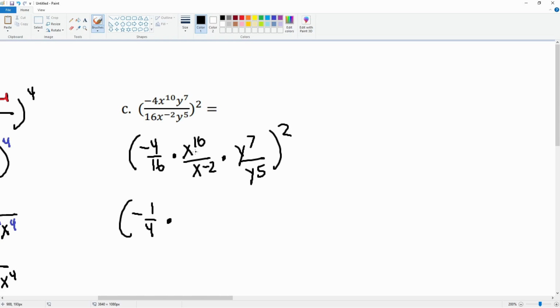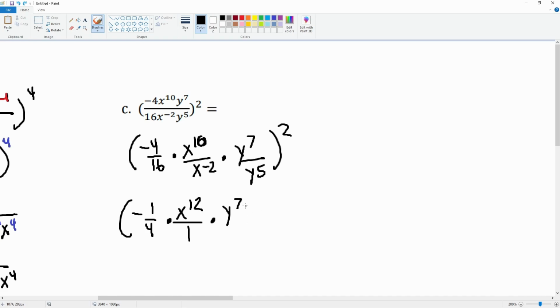All right? x to the 10 over x to the negative 2, we bring it to the top, becomes x to the 12 over 1. Because again, we brought it to the top, it becomes a positive exponent. Then we add the exponents, 10 plus 2 becomes 12. Then we have y to the 7 over y to the 5. We bring the y to the 5 to the top like this, but it now becomes a negative exponent.